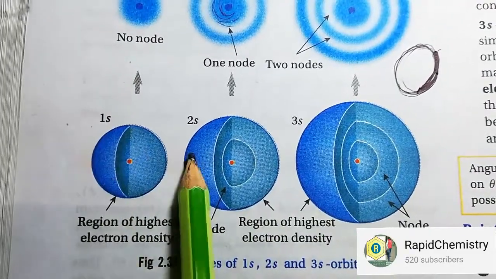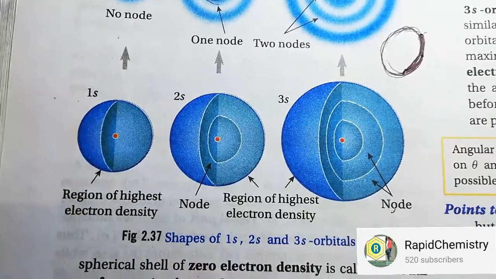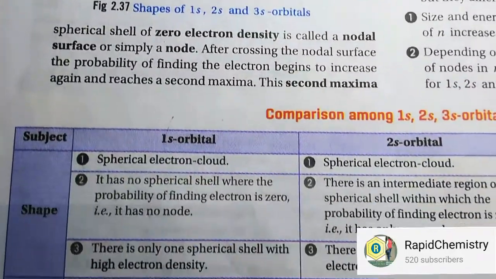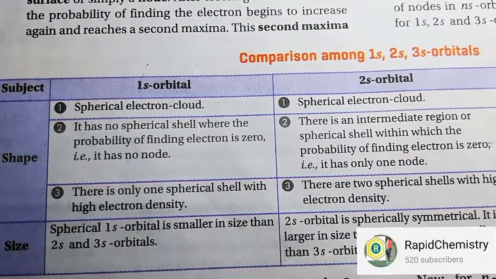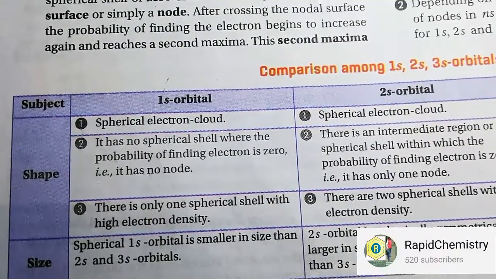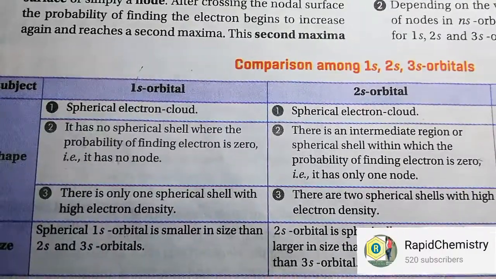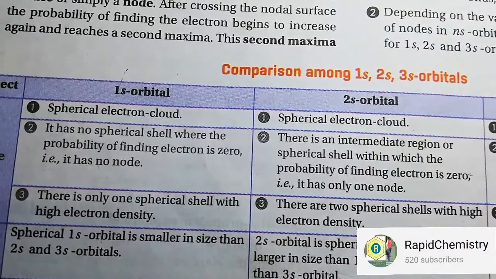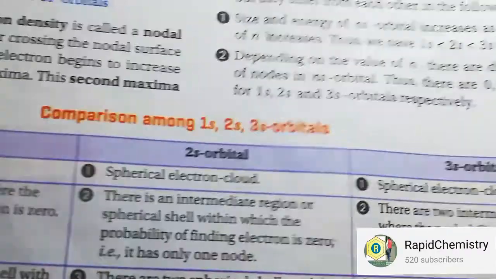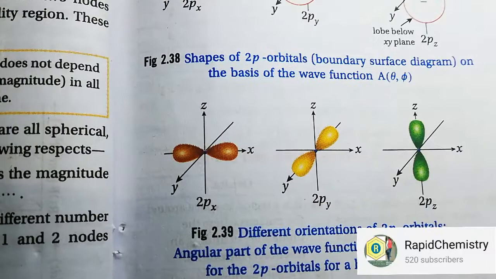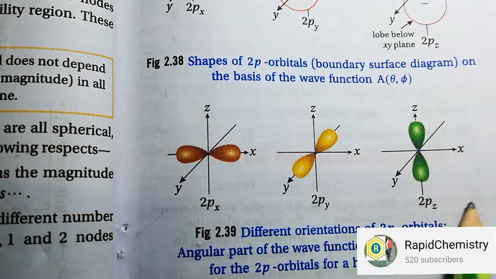It can be 1s, 2s, 3s, like this. We studied the comparison between 1s, 2s and 3s orbitals last day, and you must go through it once again. And p orbitals are generally 3: px, py and pz.